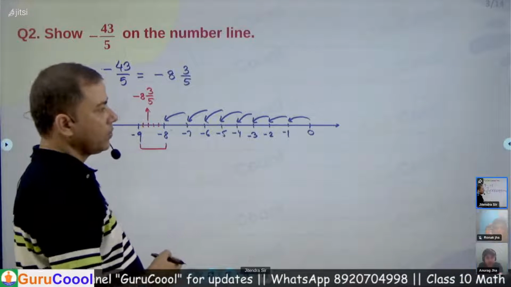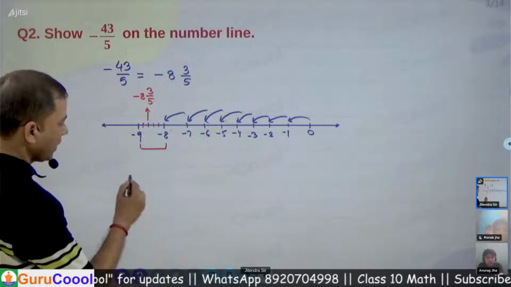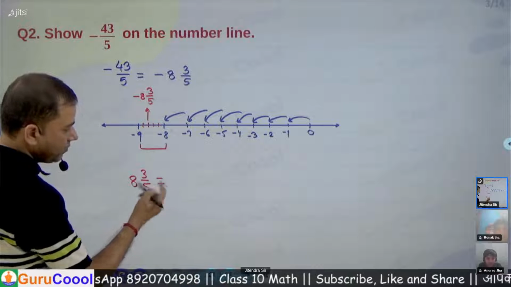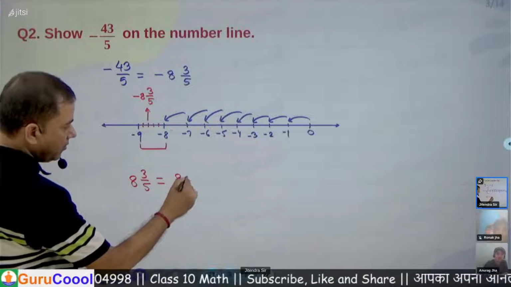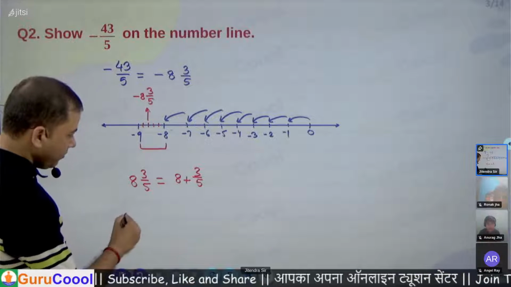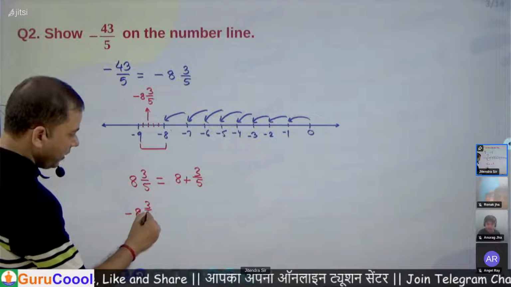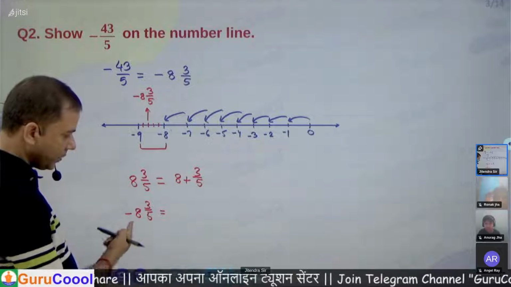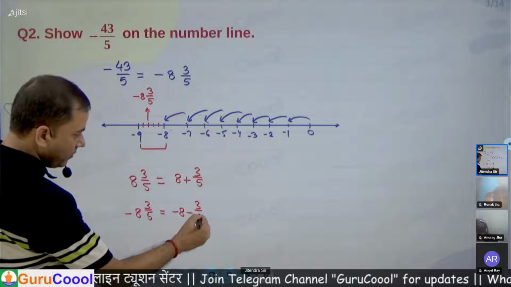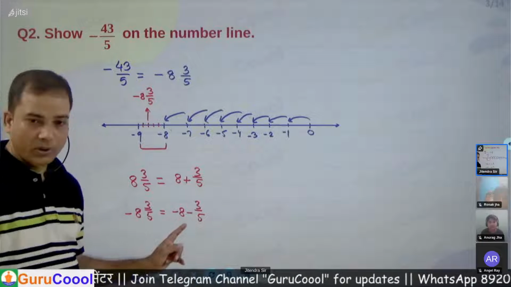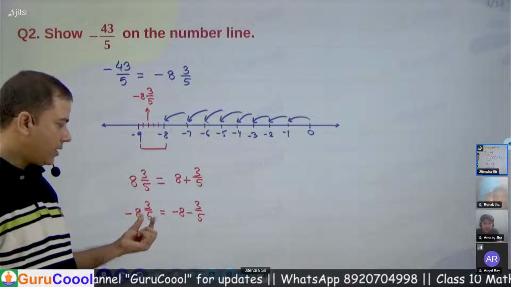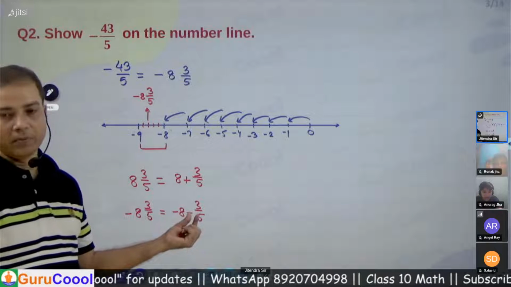One more way to think about it: when you write 8 and 3 by 5, this means 8 plus 3 by 5. But when you say minus 8 and 3 by 5, this means minus 8 and minus 3 by 5.